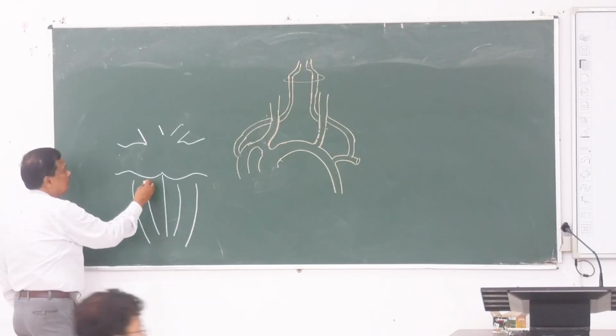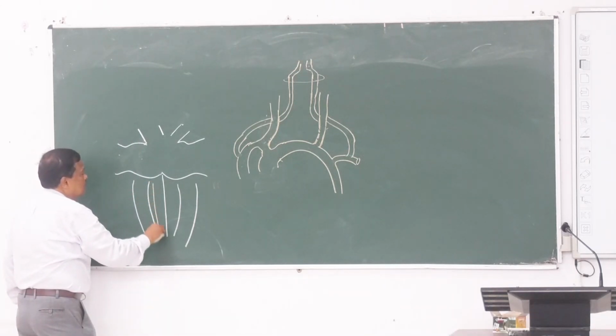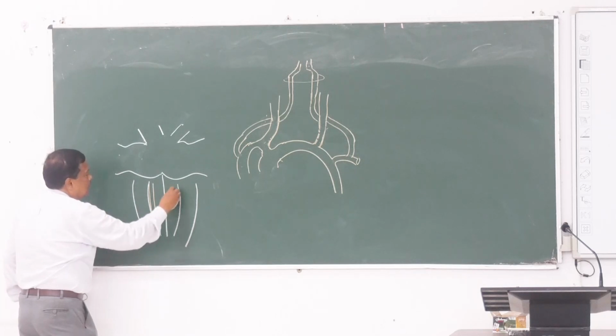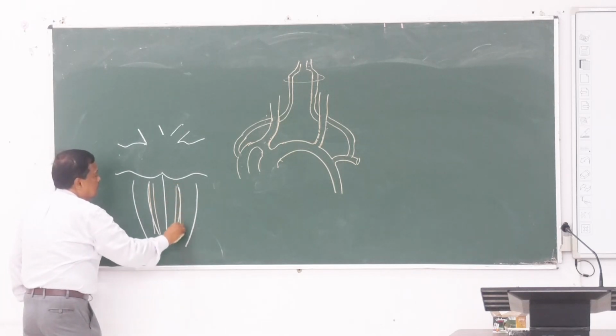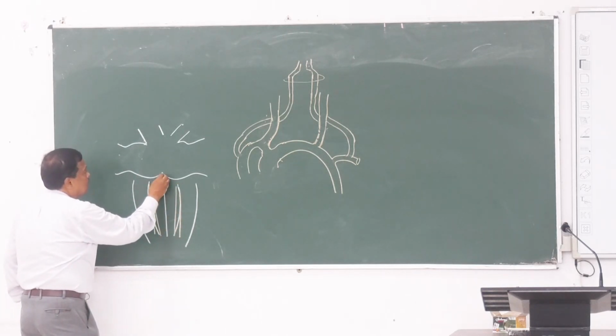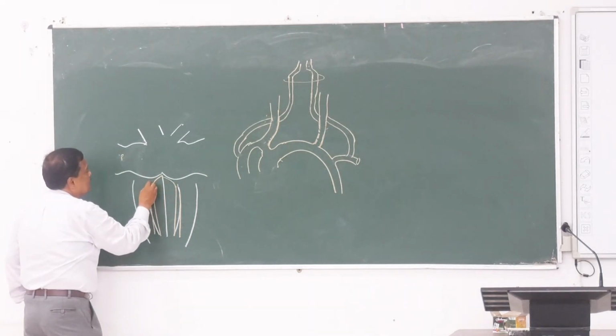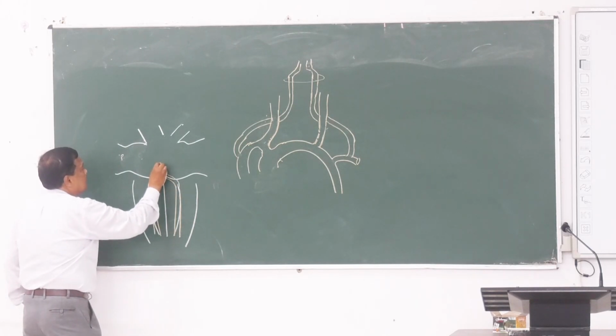So vertebral artery goes in front of the medulla oblongata, one on either side, right and left, and the lower border, this is the pons. At the lower border of the pons, 2 vertebral arteries join together and form a single basilar artery.